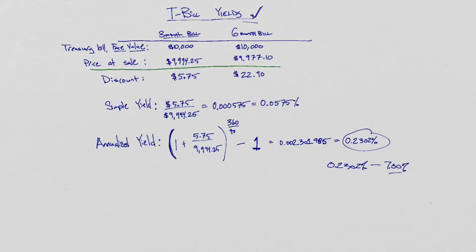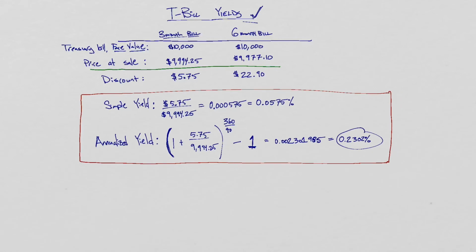That's both typical of short-term treasury yields, which tend to be extremely low, but also atypical in the sense that there's usually not so drastic a difference between inflation and U.S. treasuries.